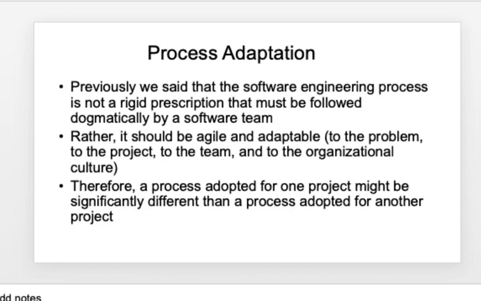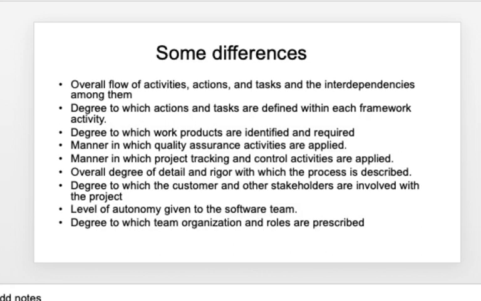So we have something called process adaptation. Previously, we said that the software engineering process is not a rigid prescription. Rather, it should be agile and adaptable. Therefore, a process adopted for one project might be significantly different from a process adopted for another project. So what are some differences you would find in process adaptation?